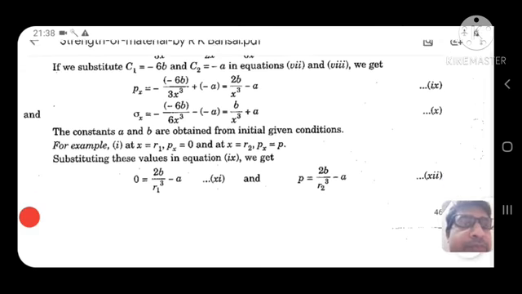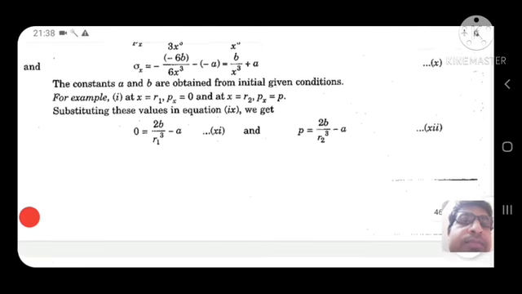If we substitute c1 equal to minus 6b and c2 equal to minus a in the equation, we get px equal to minus 6b by 3x cube minus a, that is 2b by x cube minus a.